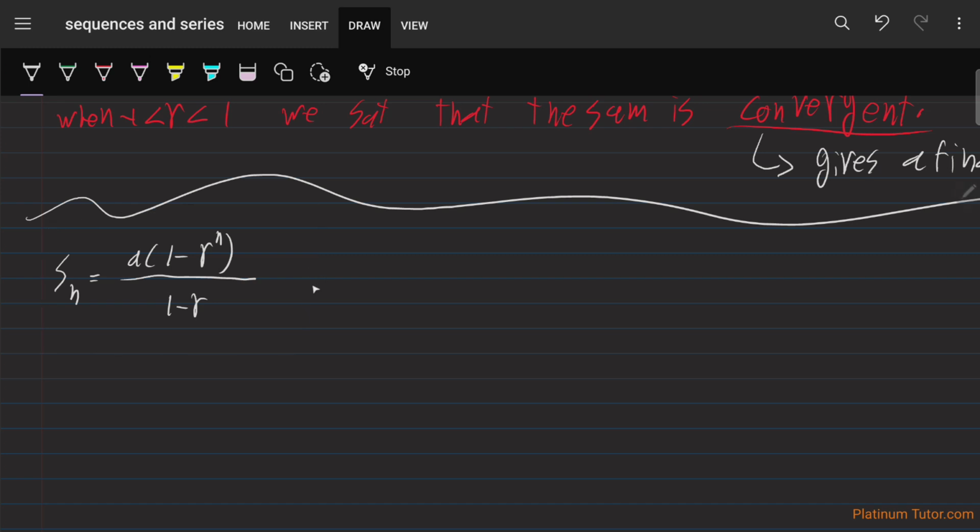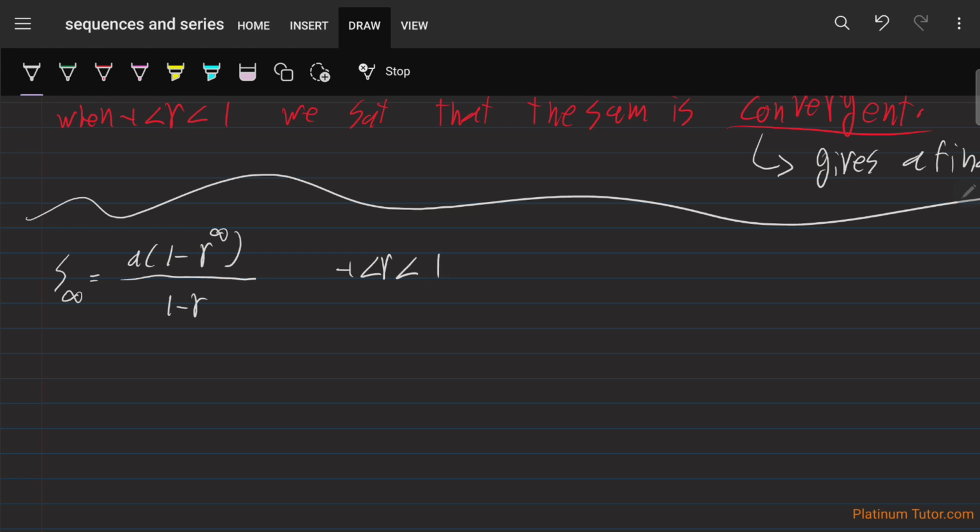Okay, now the only new thing we need to know is that n here is infinity, right? We are finding the sum of the first infinite terms. Okay, and there's only one property that we need to know about. We know that this formula only applies when r is between -1 and 1, right?